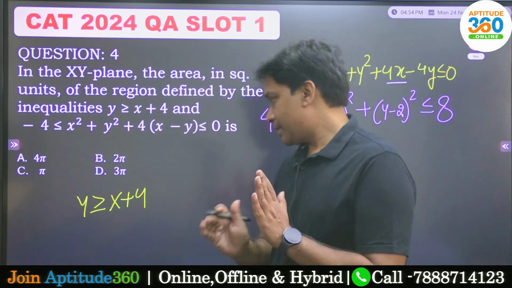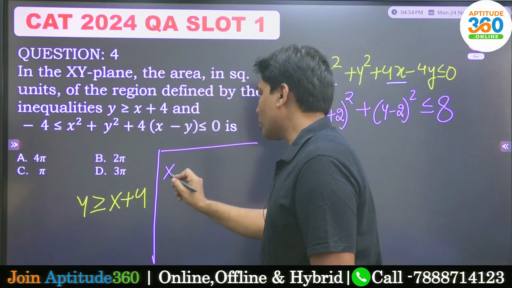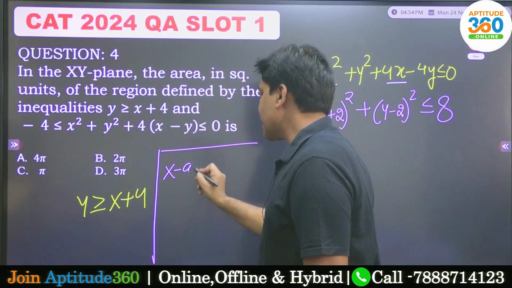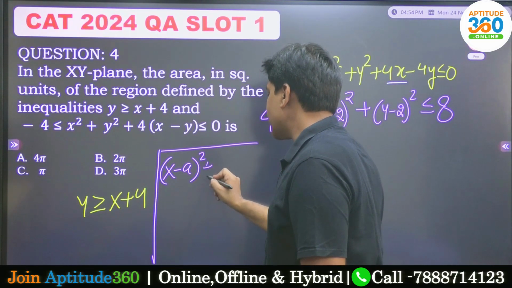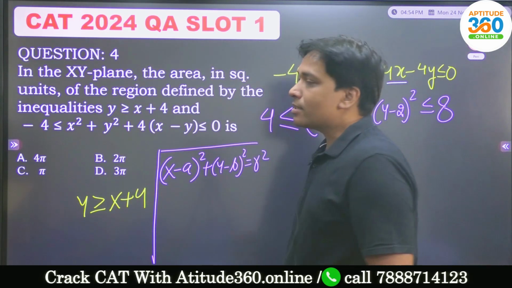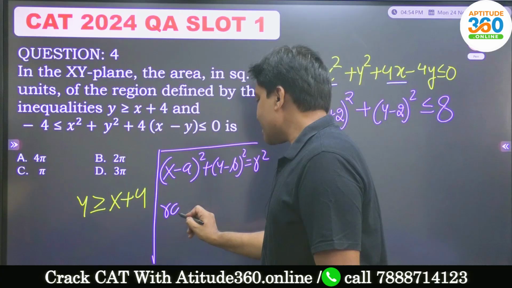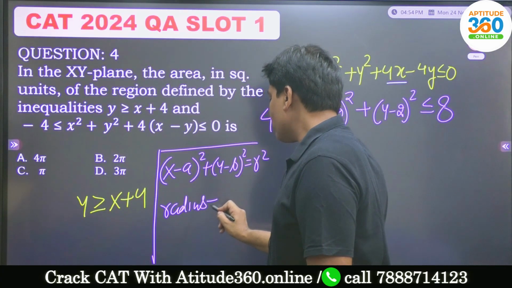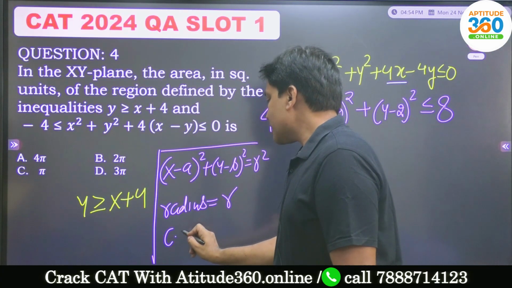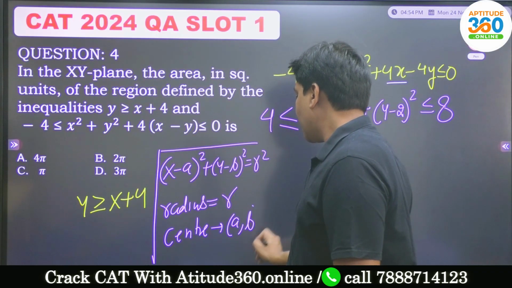Now if you look at it, you are probably aware of this. We have been taught this in our childhood, that if x minus a whole square plus y minus b whole square is equal to r square, then this is the equation of a circle whose radius is r and whose center is (a, b), isn't it?